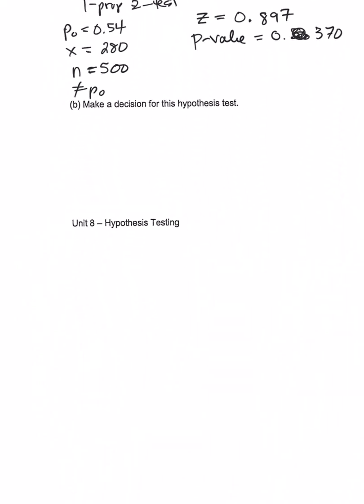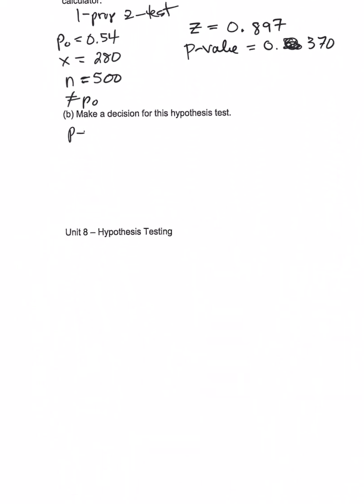So let's make a decision. Our p-value, which is 0.37, is greater than or less than our significance level? It's greater than, isn't it? What was our significance level? Did they give us one? I don't think so.